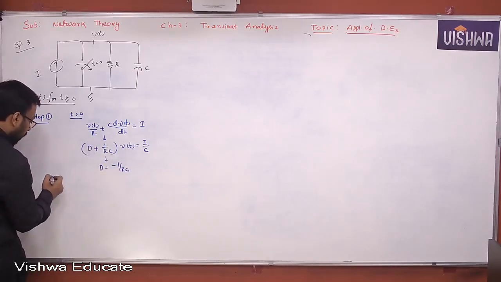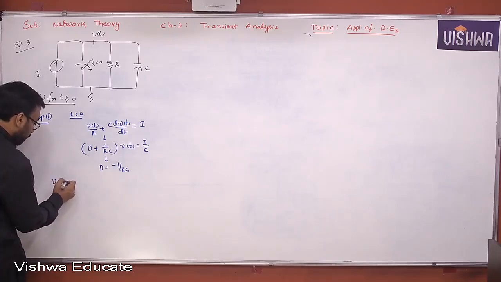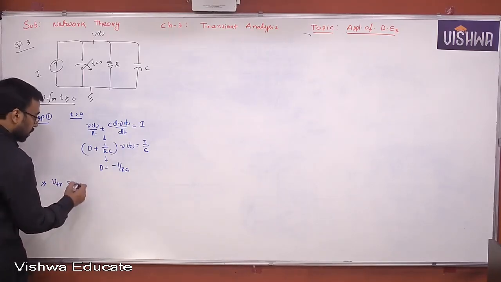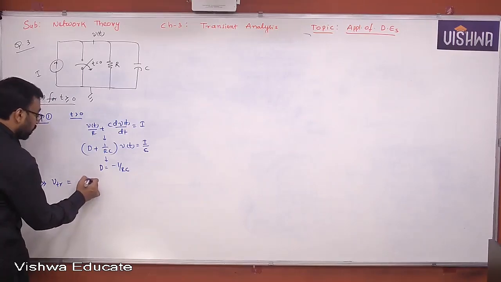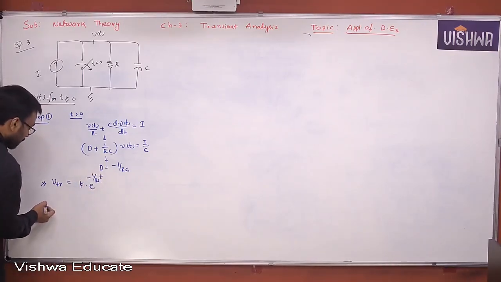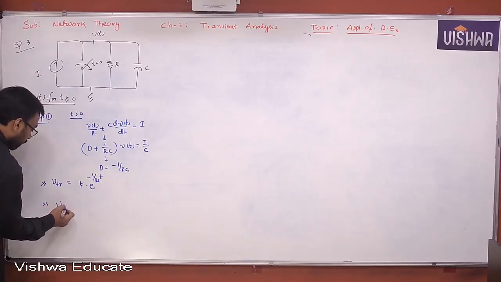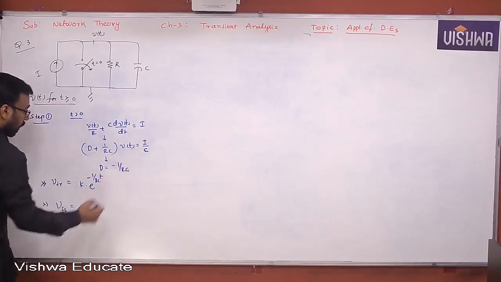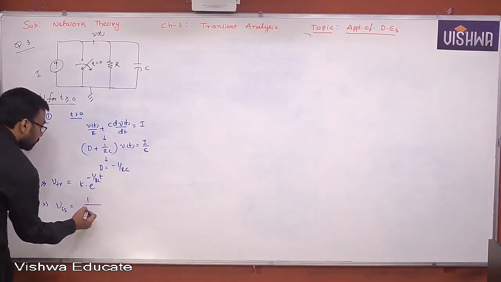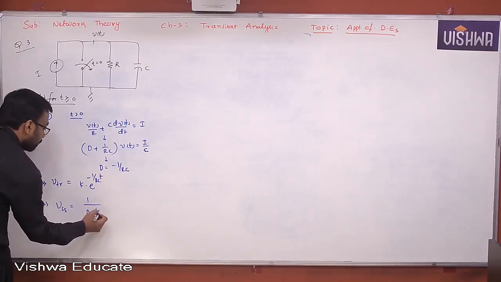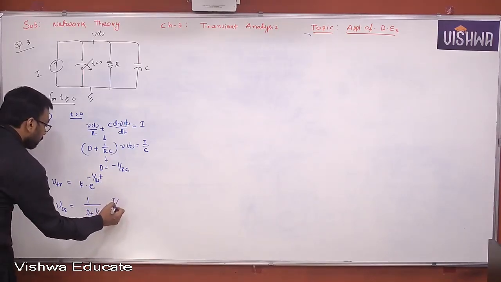Therefore, what is V transient? The transient portion of the total response is K into e power minus 1 by RC t. And what is the steady state? V steady state is nothing but 1 by (d plus 1 by RC) into I by C.